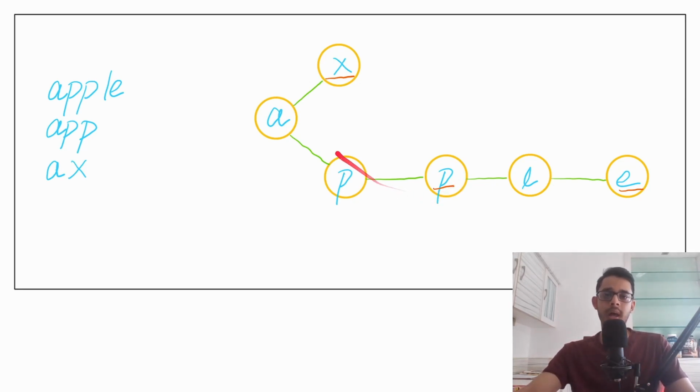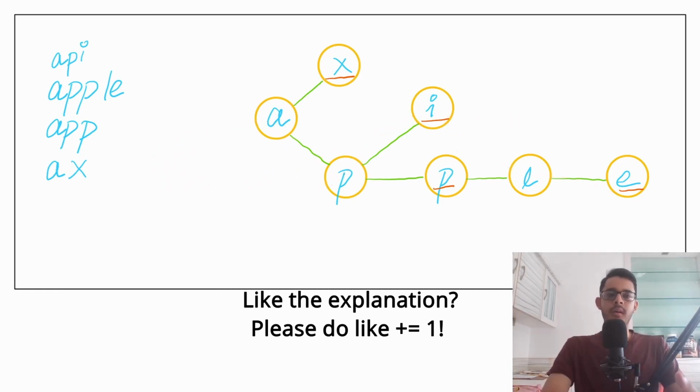Now we have another word apple which ends at E. So we'll mark E as well. And this way we can also add the word API. I marks the end over here and we have this kind of structure. At this point we can be sure that this will work. We have removed all of those redundancies. We are marking the end of word and we know what children are and how nodes function. So we can jump into the code for this part.